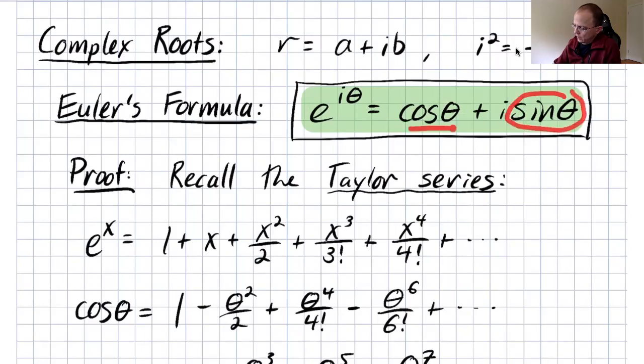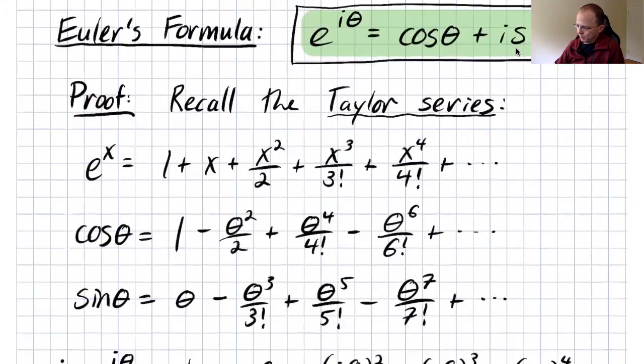So we get cosine theta plus i times sine theta. And this is quite a remarkable formula. It's not at all intuitive that when you do the exponential of i theta, you would get these trig functions like this. So how can we see this? I think it's a good idea to understand, where does this come from? How could this possibly be true?